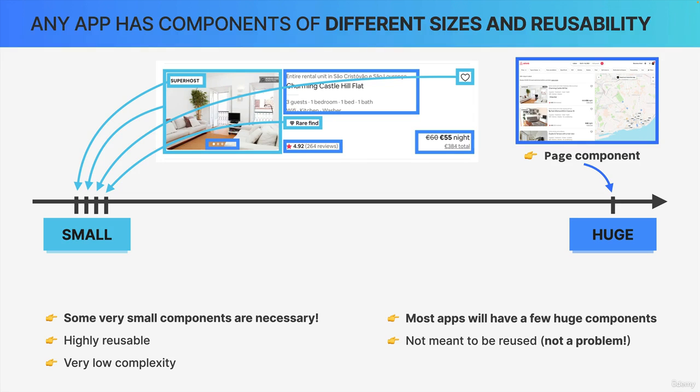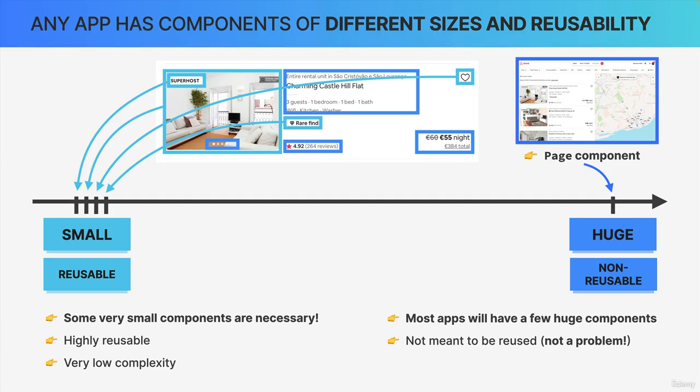And speaking of reusability, as you can see from this, we can say that, as a general rule, the reusability range is pretty similar to the size range. So, generally speaking, the smaller components are, the more reusable they will be. And of course, as components get bigger, they will become less reusable. But again, that's no problem at all for some components. So not all components are meant to be reusable.